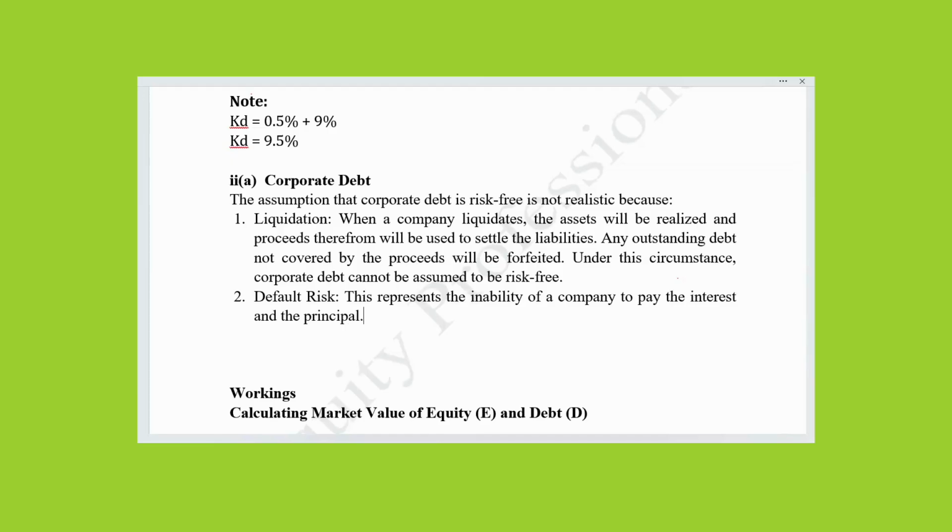So when a company defaults to pay interest and is also unable to pay the principal amount, of course, the worst case will be that the creditor will take the company to court, and the court will settle the case.